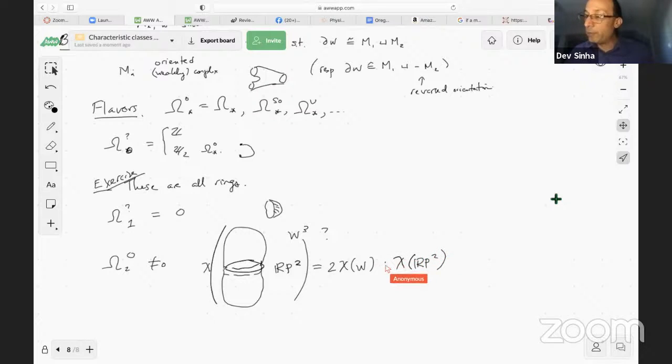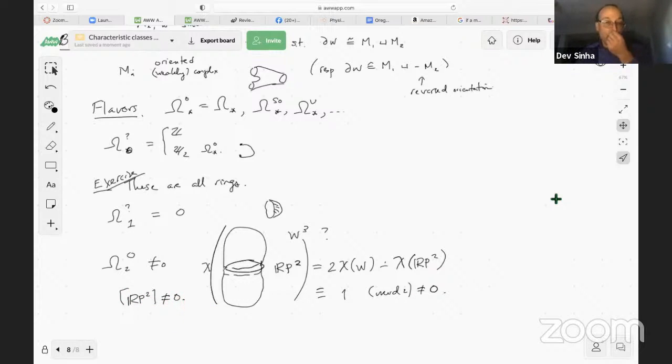But the point is, which is congruent to 1 mod 2, which is not 0, but the Euler characteristic of a 3-manifold without boundary, and this double construction is a 3-manifold without boundary, by Poincare duality has to be 0. So this is not 0 because the class of RP2 is not 0.